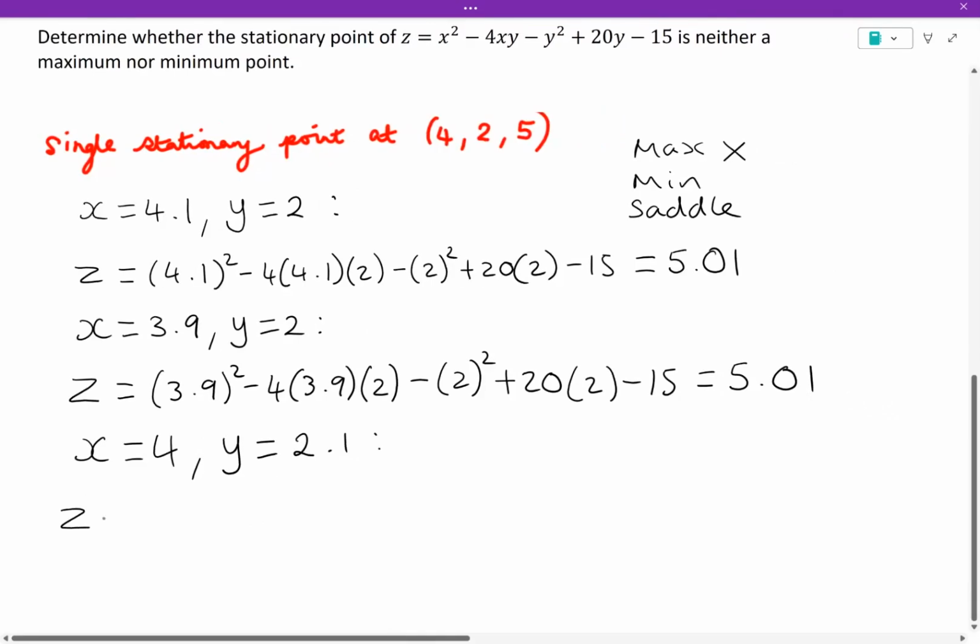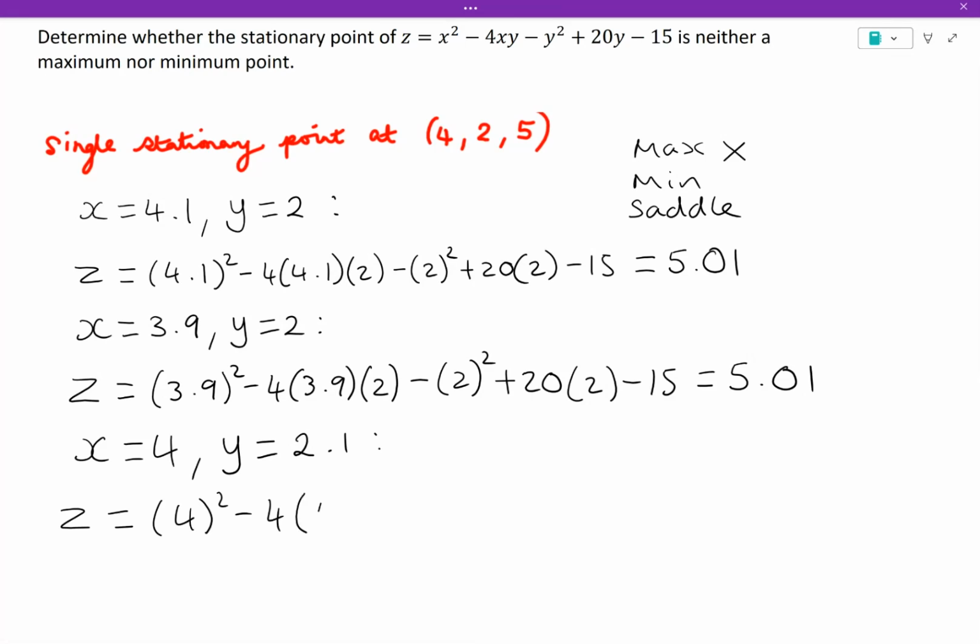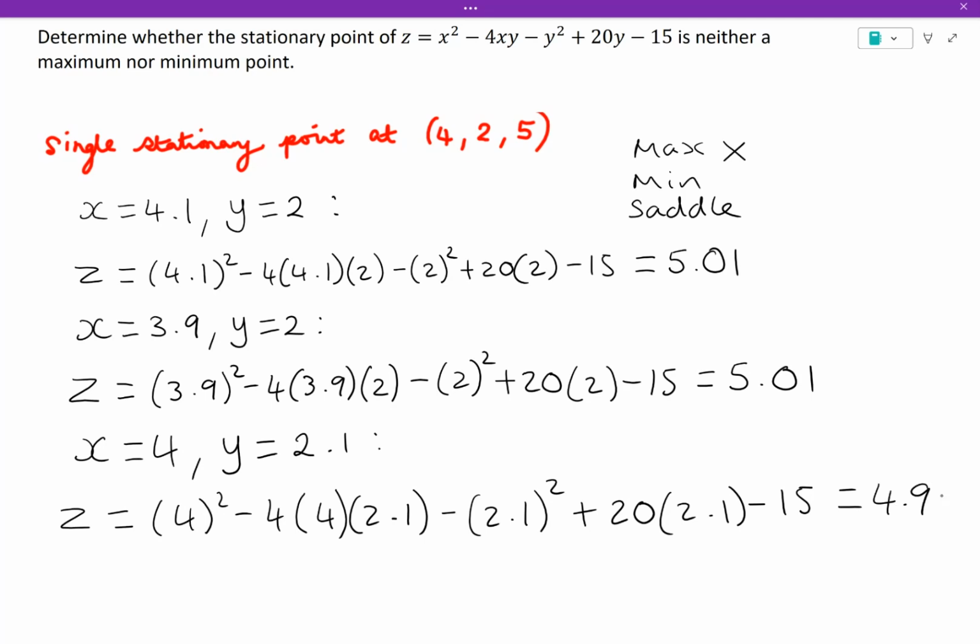So we're going to get z is equal to 4 squared, subtract 4 times 4 times 2.1, subtract 2.1 squared, plus 20 times 2.1, subtract 15. And then we're going to pop that into the calculator. And this time we get 4.99.